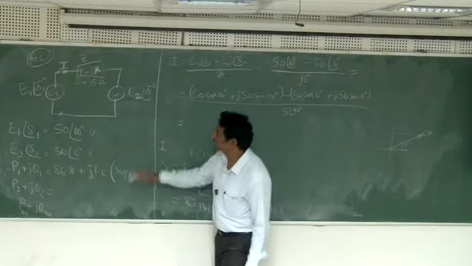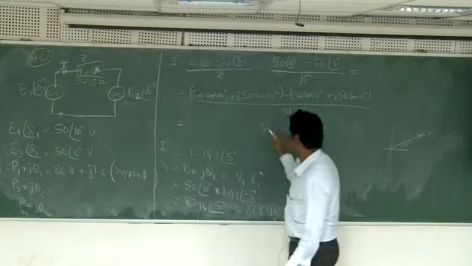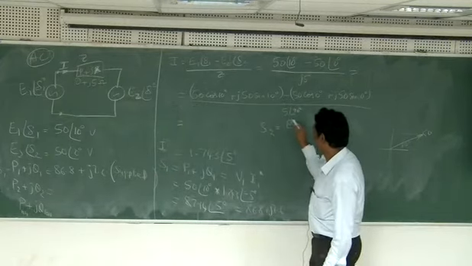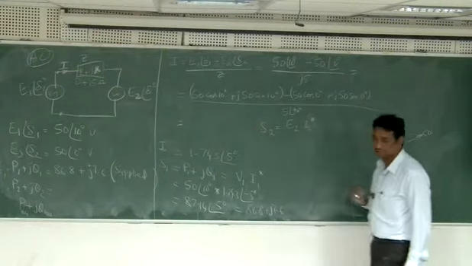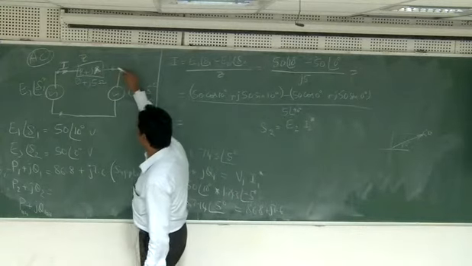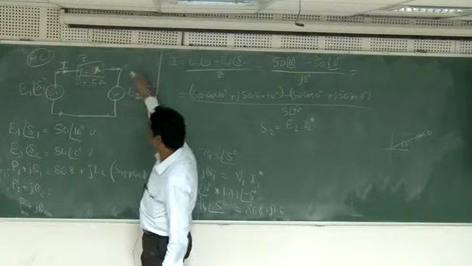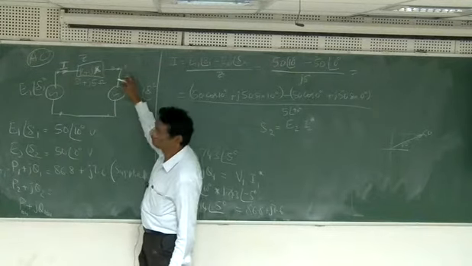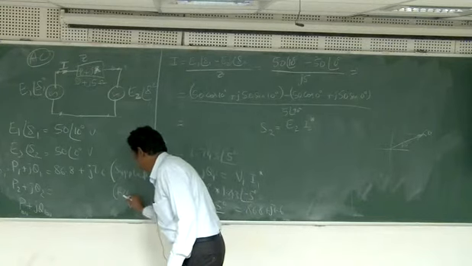In this case, what happens? What is S2? S2 is E2 into I2 conjugate. But look at the direction. The current is entering. So this is the positive side, this is the negative side of this AC source, and the current is entering into this. So here it is received.